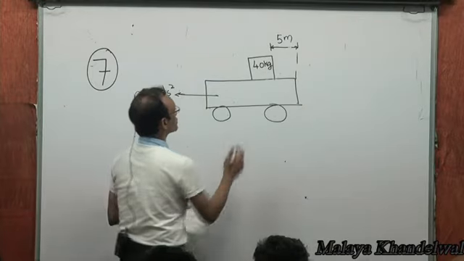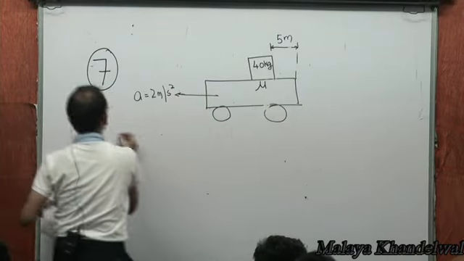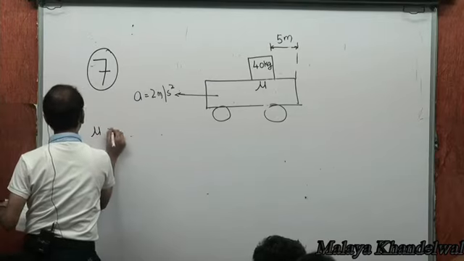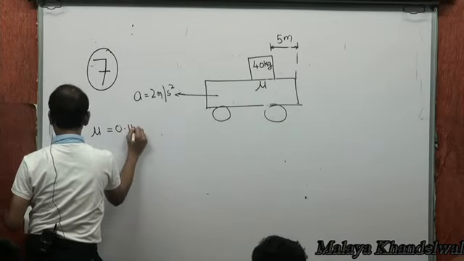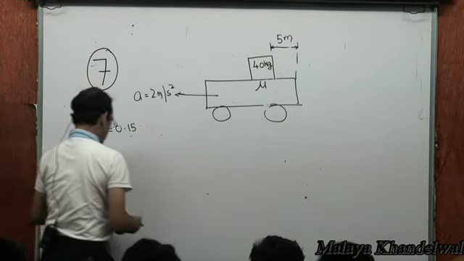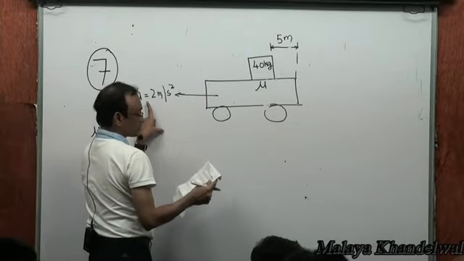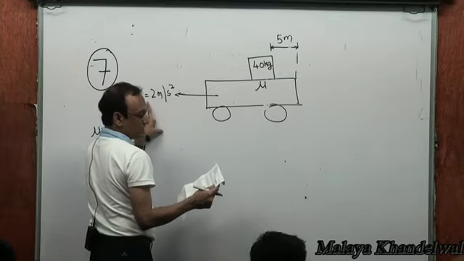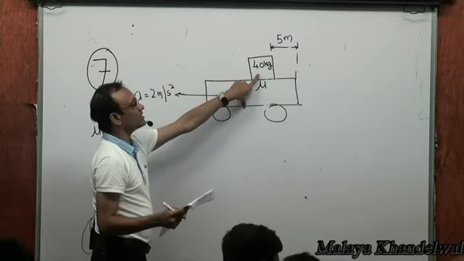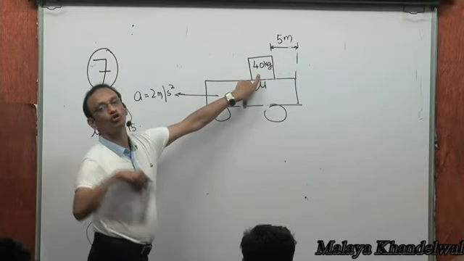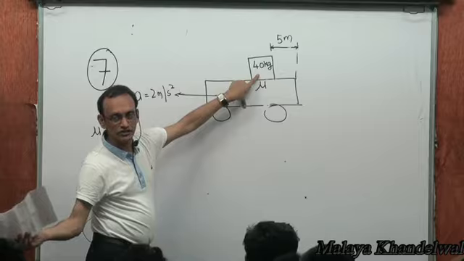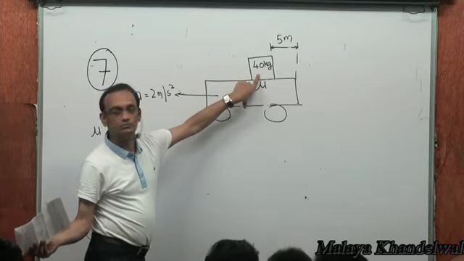The coefficient of friction mu between the block and the truck is given to be 0.15. When the truck has an acceleration of 2 meters per second squared and maintains this, we want to find the time taken by the block to fall off the truck. Do you understand that?